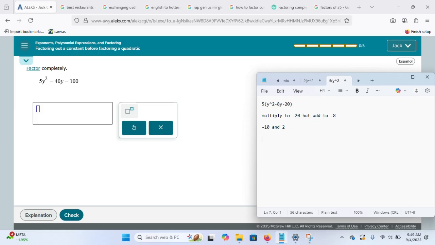Alright, so this way, we get... Well, let's, so, -2, alright, so then, factor out the common 2.